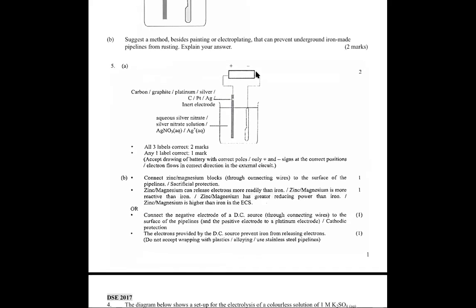First, you can connect a more reactive metal to the surface of the pipelines. That's sacrificial protection. And then the second one is you can connect it to the negative electrode. That's cathodic protection. So you need to refer to unit 13 of grade 10 notes.